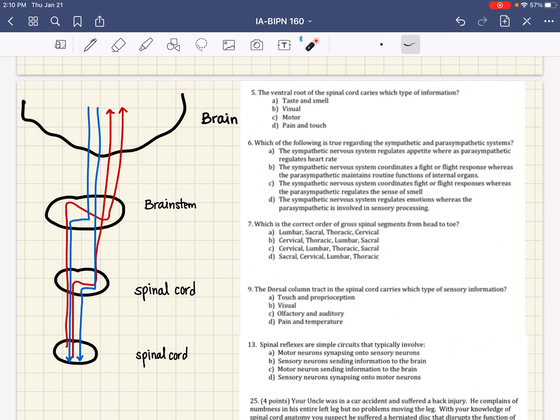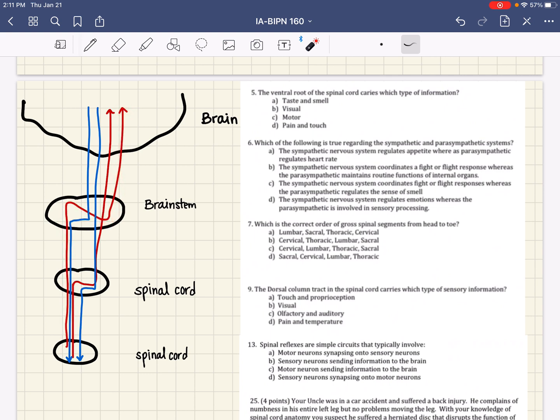So let's start with the red pathways first, because the red pathways I've depicted to be the sensory tract. So if this is a sensory tract that decussates at the brainstem, then it would look something like this. It would go up all the way through the spine until it hits the brainstem. It will decussate and go up to the brain.